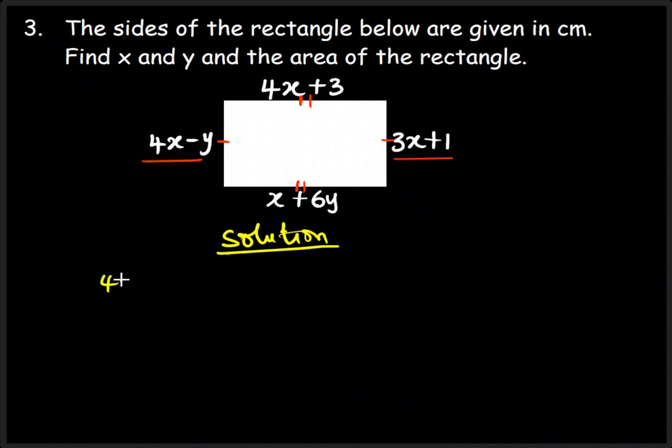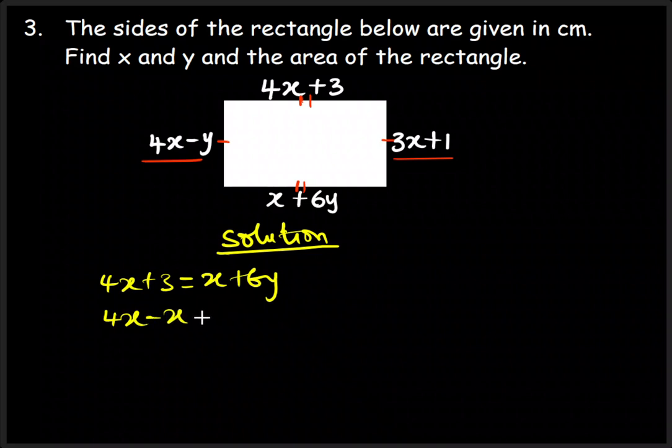So we have that 4x plus 3 is equal to x plus 6y. If we work on that, that will give us 4x minus x, then minus 6y equal to minus 3. So that will make it 3x minus 6y equal to minus 3.